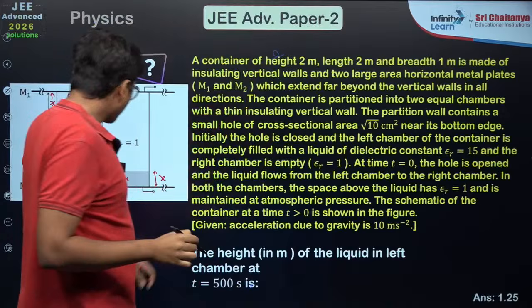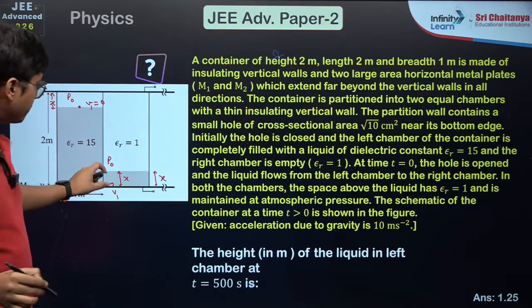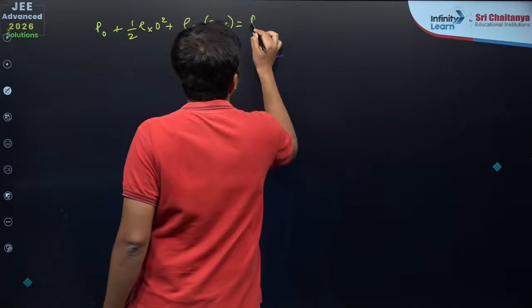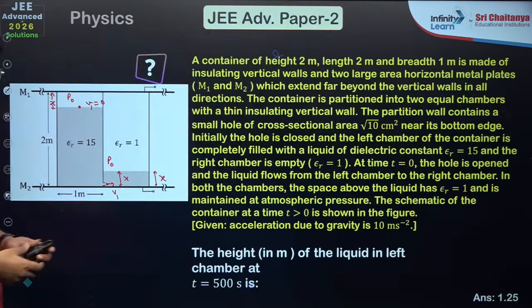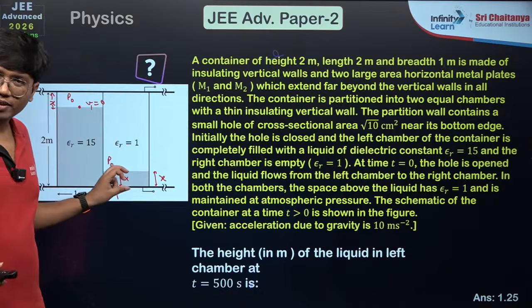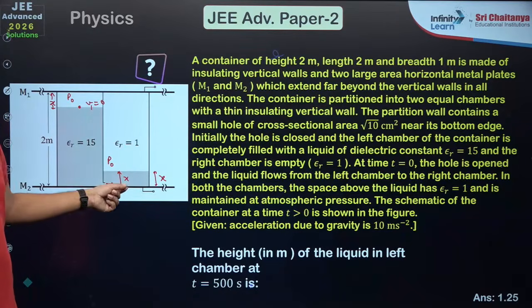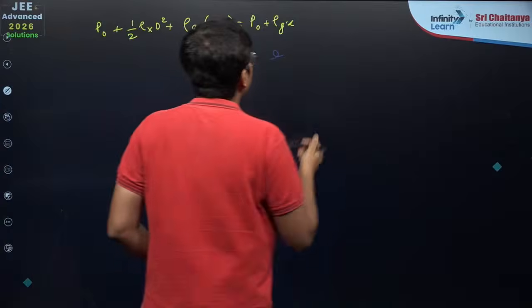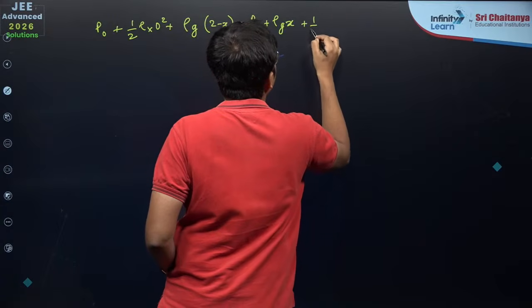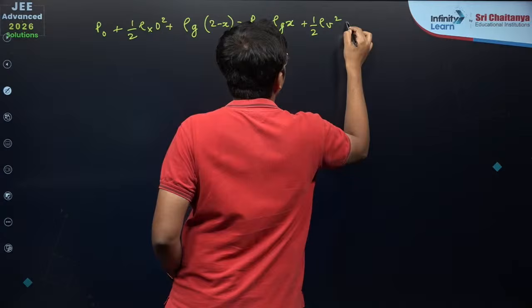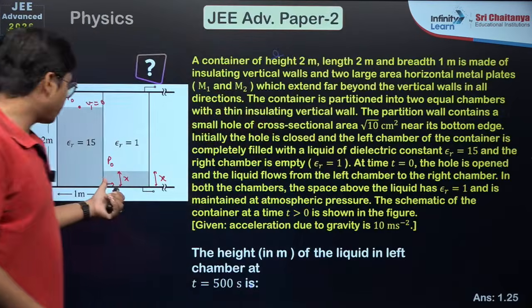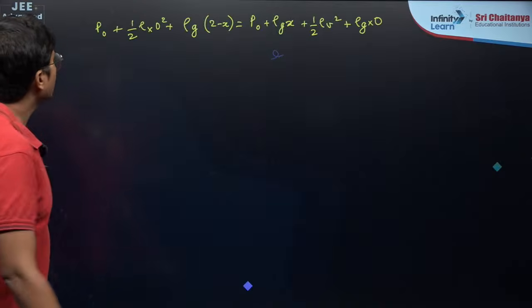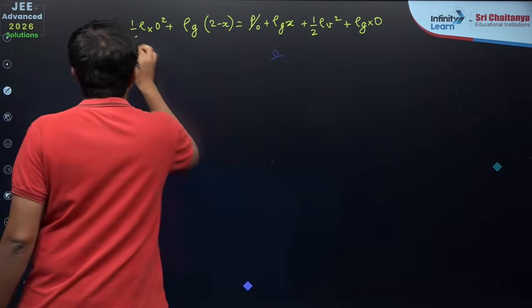That is equal to, at this point we have the pressure is P naught plus rho gx, because this has a layer of water, or the fluid, above it of a height x, so it exerts a pressure at that depth. It has some speed over there, and its height term is rho g into 0, because height of that point is 0. Once we got that, get rid of the P naughts, no use here.